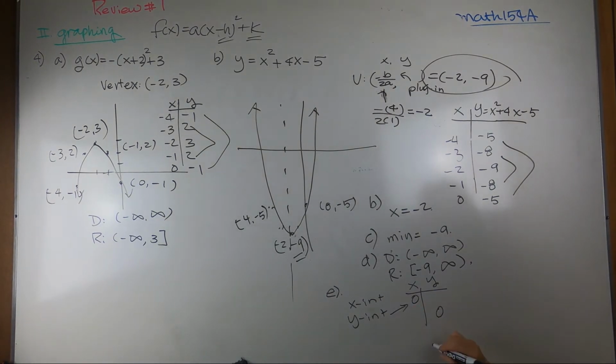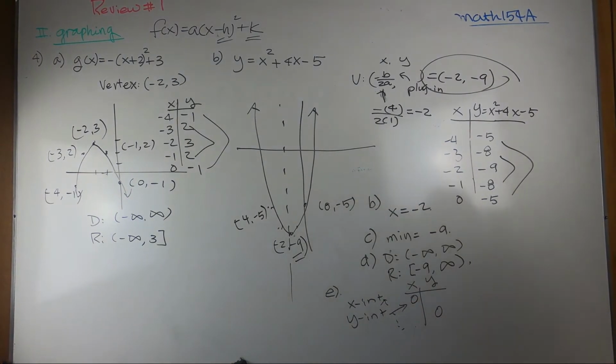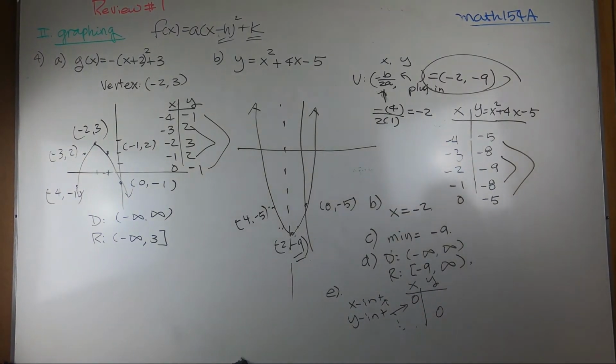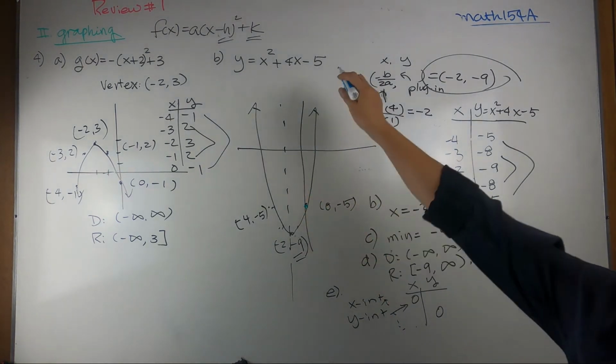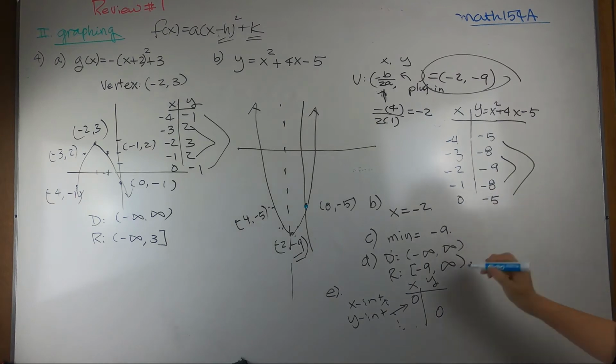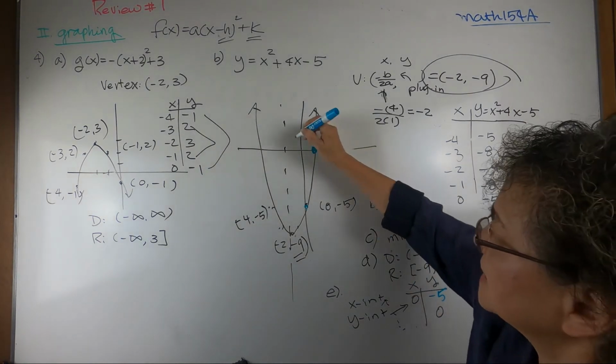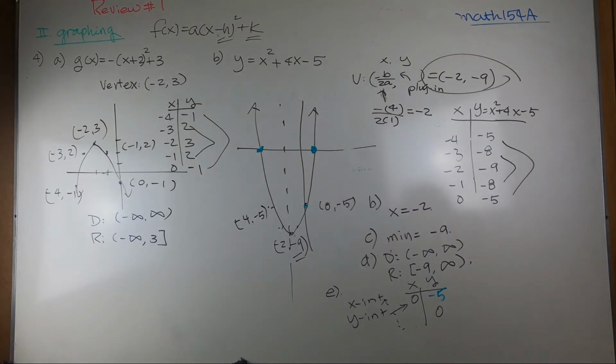When y is 0, you find your x-intercept, right? Then what's your y-intercept? X is 0, you plug in, so x 0, y is -5, right? Then what's your x-intercept? It's right here. That means y is 0.